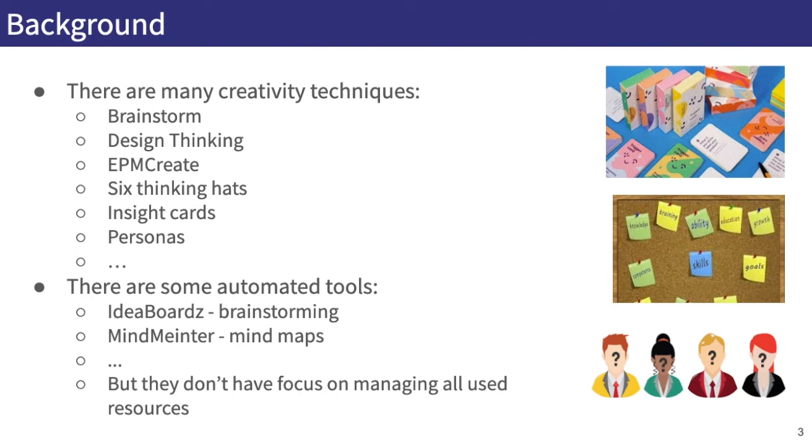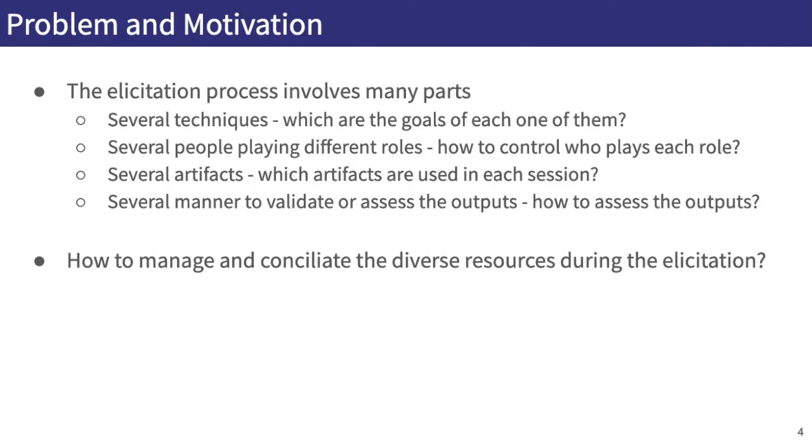There are also some automated tools, such as idea boards that support brainstorming, and mind maps to create mind maps collaboratively, among others. But they don't focus on managing the resources used during the creative meeting. These resources are particularly necessary in the requirements elicitation process.